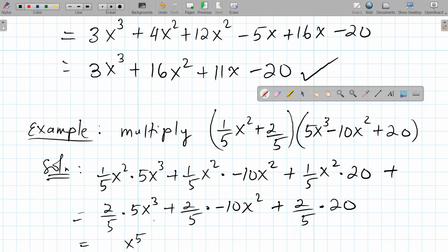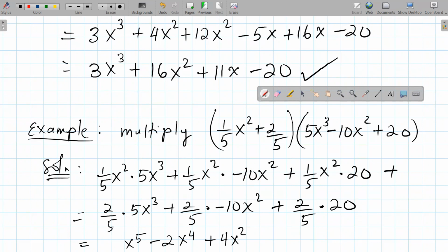So that will be x to the 5. If I come here, 5 goes into -10, -2, and then x squared times x squared will give you x4. Here, 5 goes into 20 4 times, so it's just going to be 4x squared.